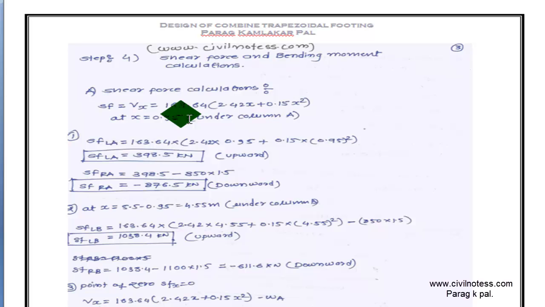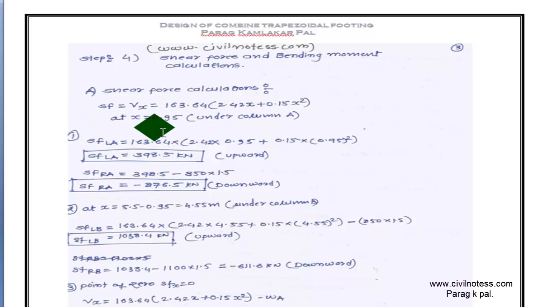Then we calculate the shear force at the CG point. Then we calculate the shear force at the last column, where the distance is the total length 5.5 minus the projection 0.95, so it is 4 point something. It is very easy to understand: first the smallest distance, then up to the CG distance, then the total distance.